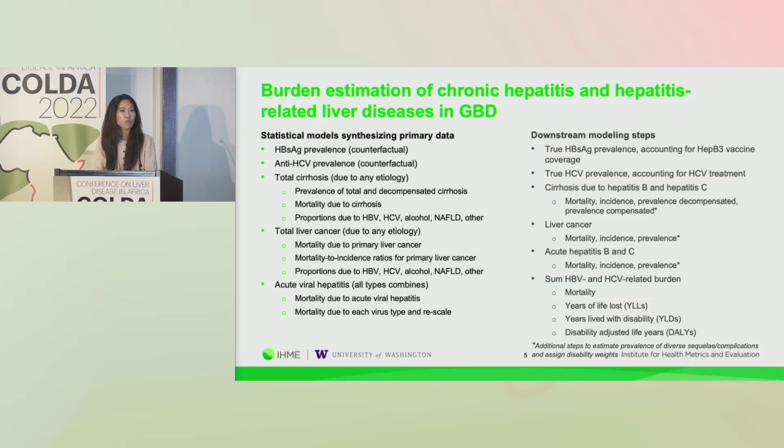To estimate the first indicator, the hepatitis B seroprevalence, we first analyze the primary data, that is sero data specifically, in a population that is not exposed to vaccine, which we call the counterfactual model. Then we apply the hepatitis B vaccine coverage to subtract the number averted from the counterfactual to produce the true hepatitis B prevalence estimates.